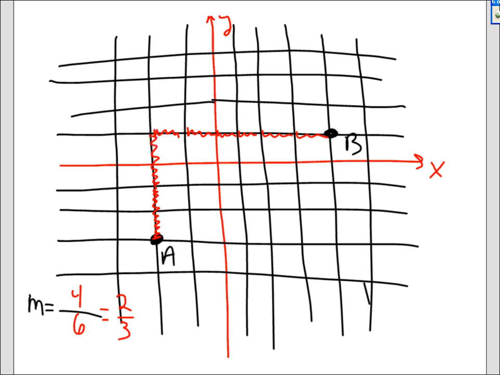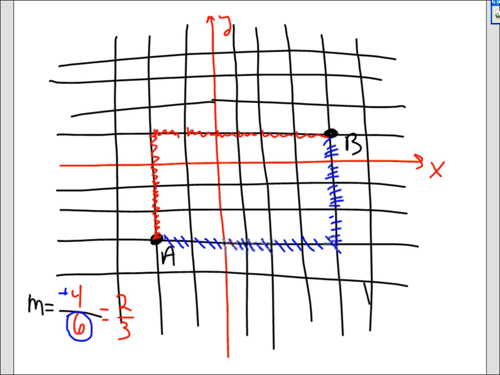Or, if you preferred, you could have gone from A to B a different way. You could have gone to the right immediately. 1, 2, 3, 4, 5, 6. So, you get 6 in the bottom. And then you go up 1, 2, 3, 4.